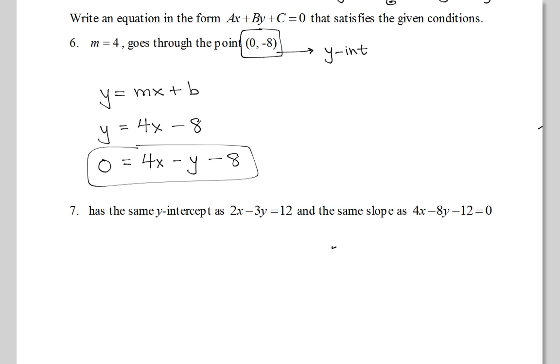Now number 7 is one of these that is getting you guys because there's like 3 or 4 steps. So we want to build an equation that has the same y-intercept as this. How do you get a y-intercept? What does the x have to be for a y-intercept?